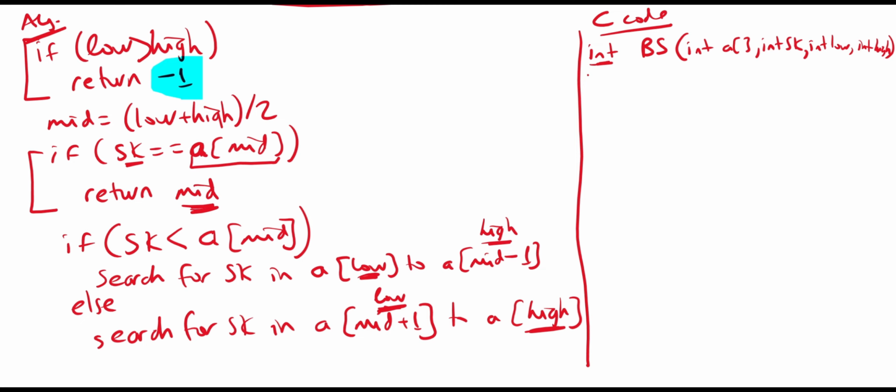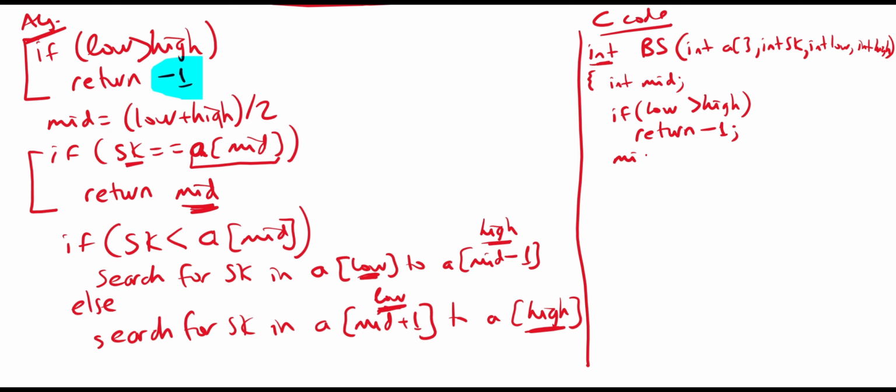Then here, I need to declare integer mid. First of all, I'm going to check if low is greater than high. If this happens, I'm directly returning -1.